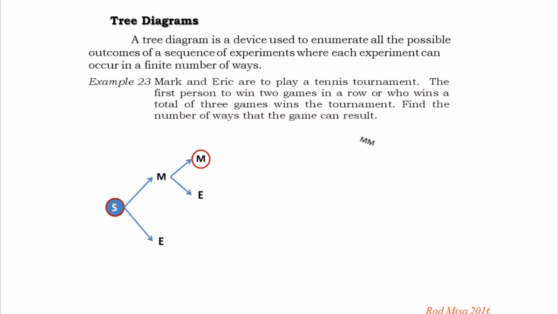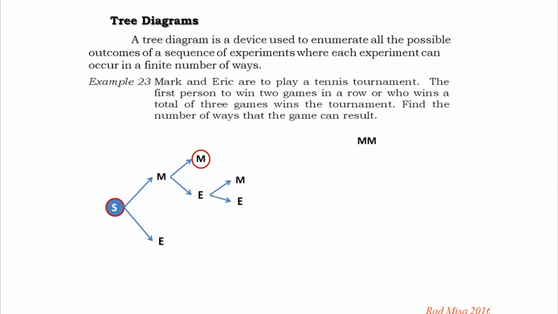So the pattern is Mark won the first game and so the second game here. However, if Eric won the second game, then we need to play the third game. But remember, the third game could result in 2 possibilities. It could be Mark who will win the third game or Eric.